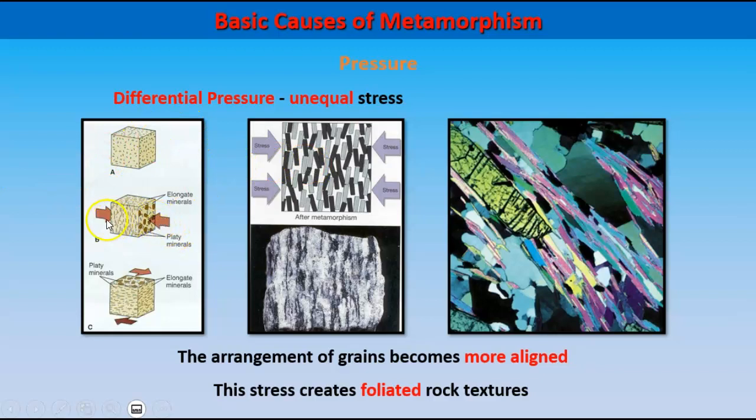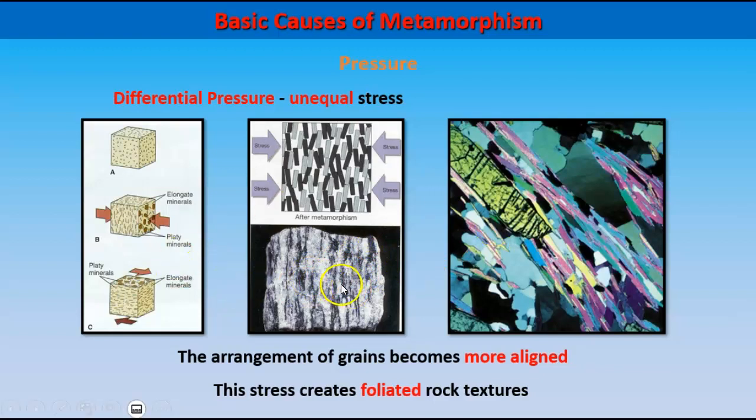And with enough stress and some heat and some fluids, we can slowly start to align these elongated crystals perpendicular to the greatest stress. So they start to line up and they start to form this layered look. Now this rock below here is a very high grade metamorphic rock, but it shows the foliated texture the best.